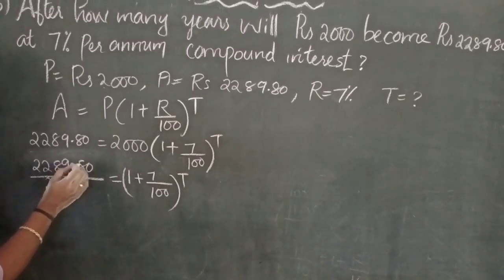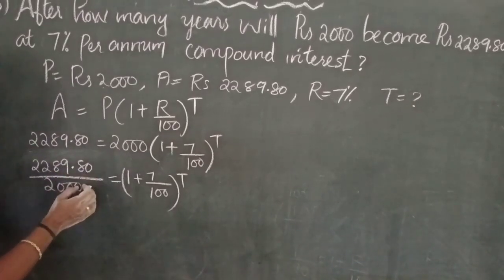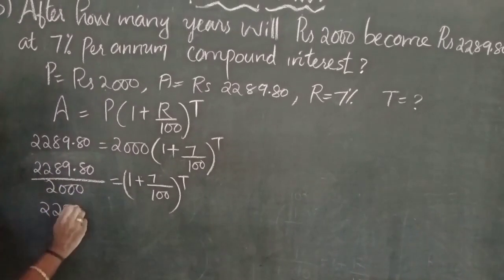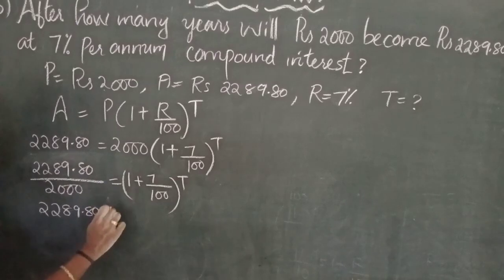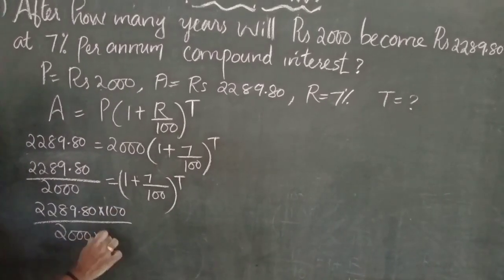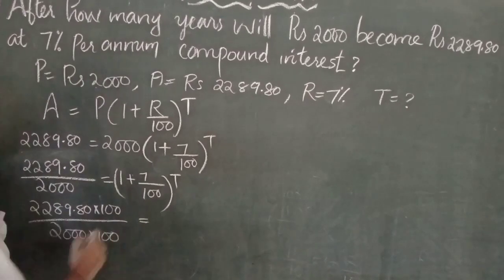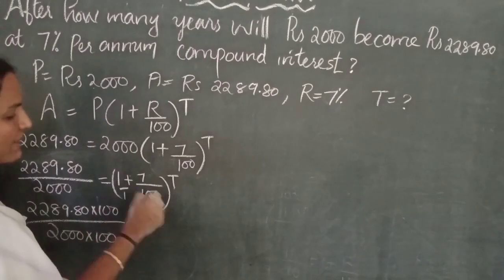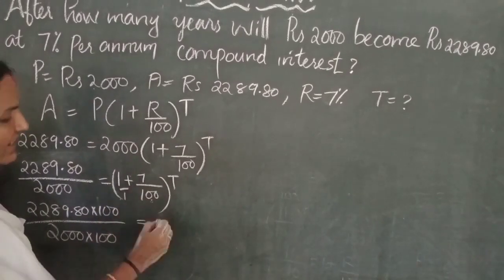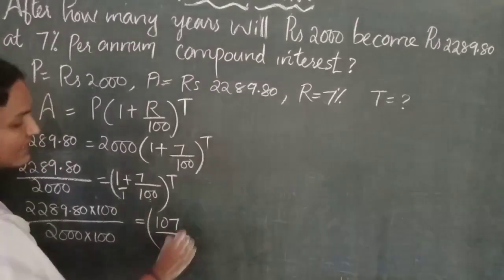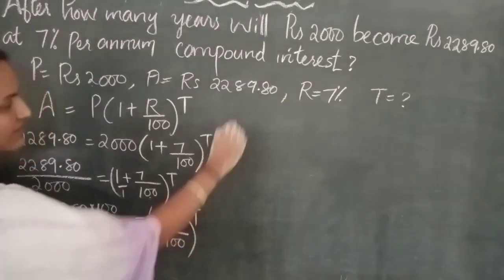So multiply the numerator and denominator by 100. 2289.80 into 100 divided by 2000 into 100 is equal to 1 plus 7 by 100. So by applying cross, 100 plus 7, 107 divided by 100 the whole raised to T.